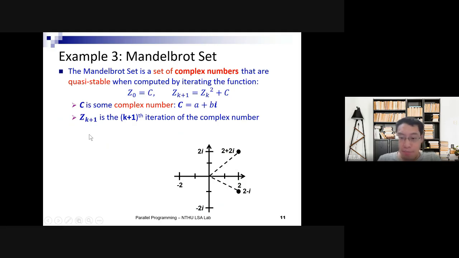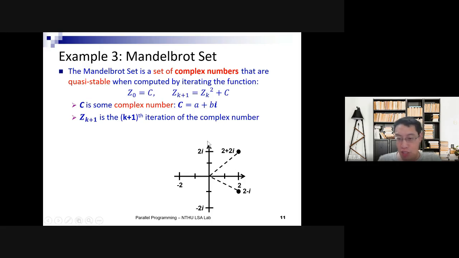And the third example is the Mandelbrot set. This is your homework too. So let's see what a Mandelbrot set is. The Mandelbrot set is a set of complex numbers. Hopefully you can still recall that a complex number is a number that consists of a real number and an imaginary number.